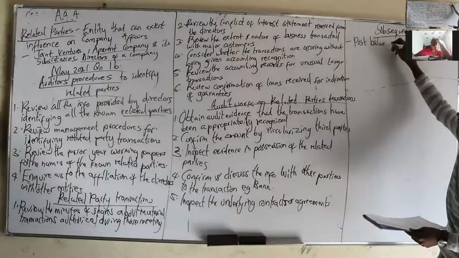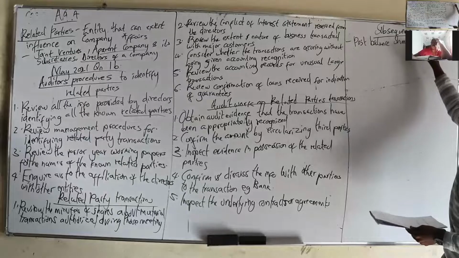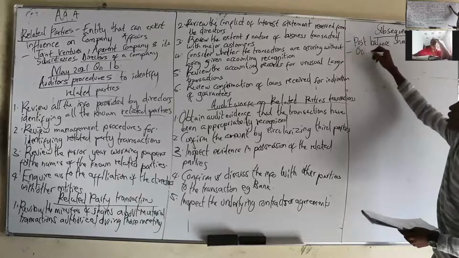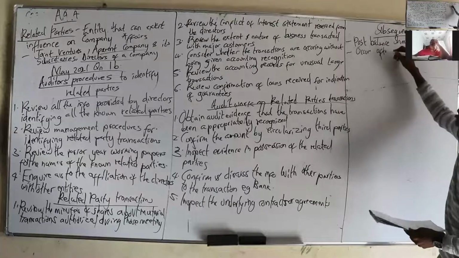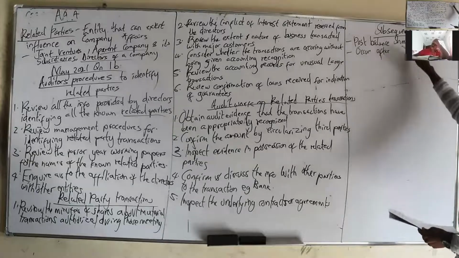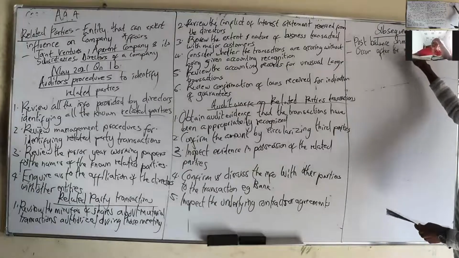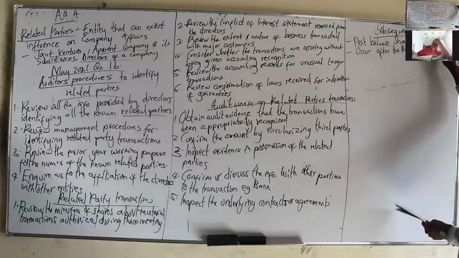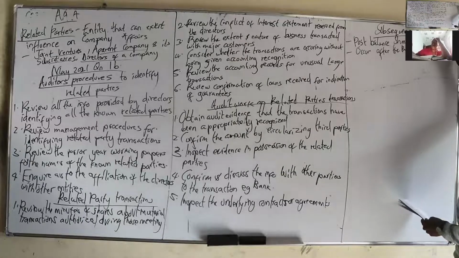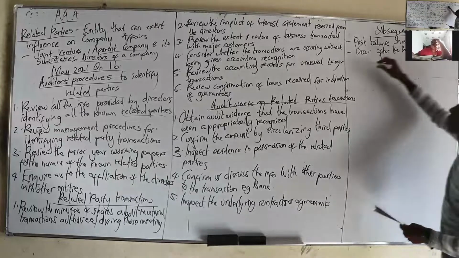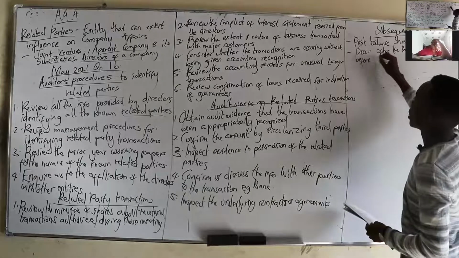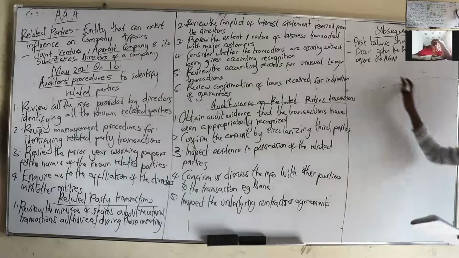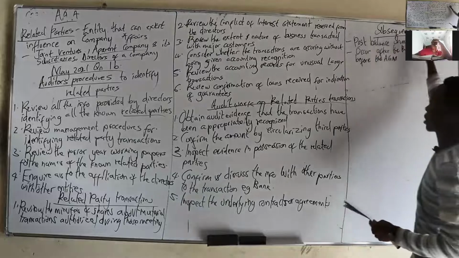The reason why they are called the post-balance sheet events is that they occur after the balance sheet date but before the AGM. So in between this time is when these events occur.